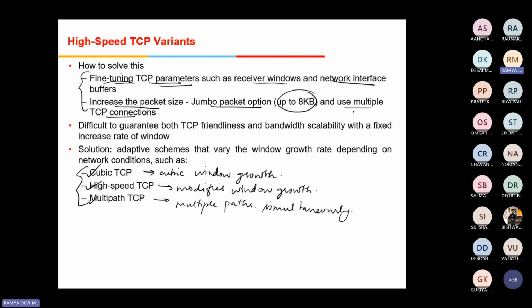Fairness will also be retained with respect to traditional TCP flows. So it will be suited for both high-speed applications and low-speed applications. When the network is congested, it will work like traditional TCP. If the network is not overloaded, it will behave like high-speed TCP. Fine.